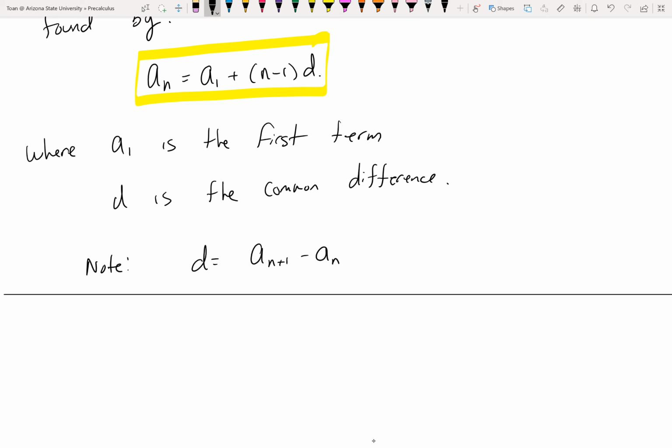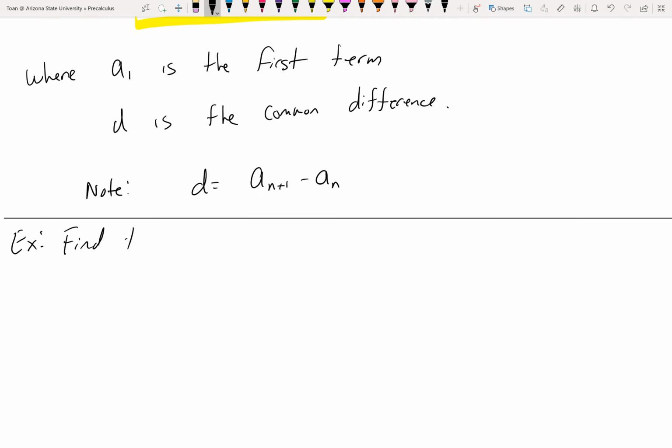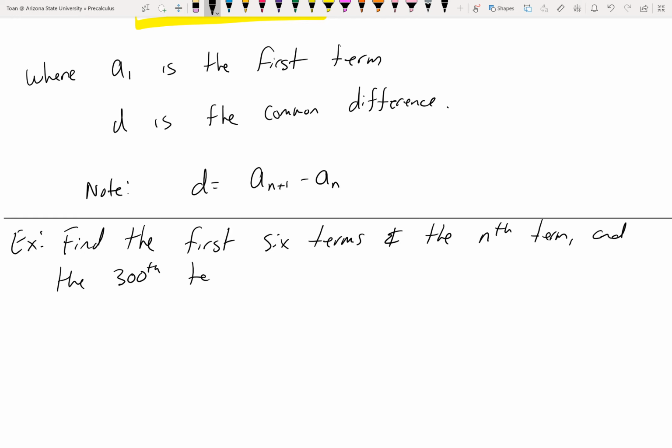So for example here, suppose I ask you to find the first 6 terms and the nth term and the 300th term of 13, 7, 1, -5, so on and so forth.